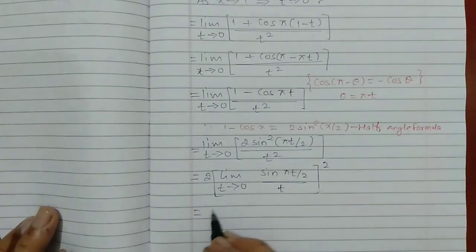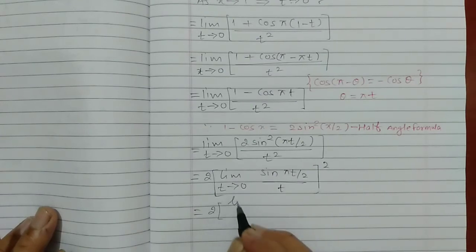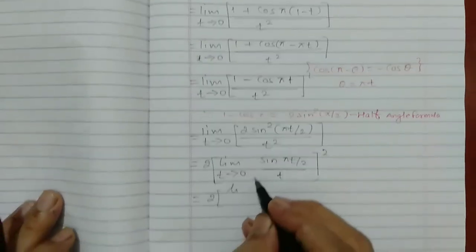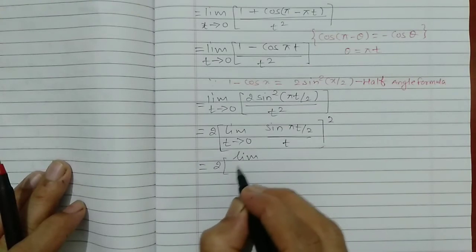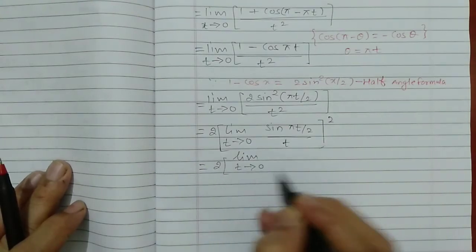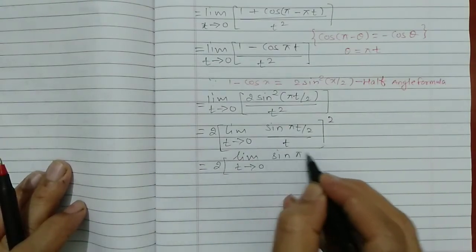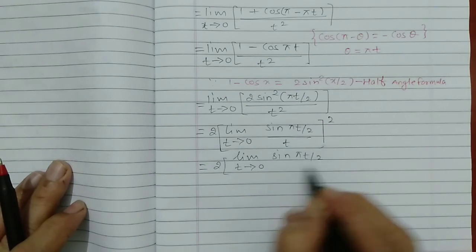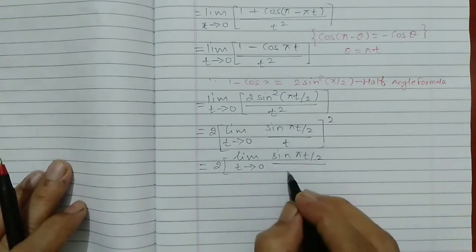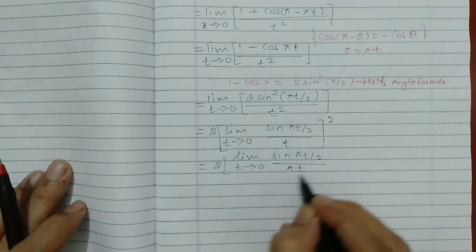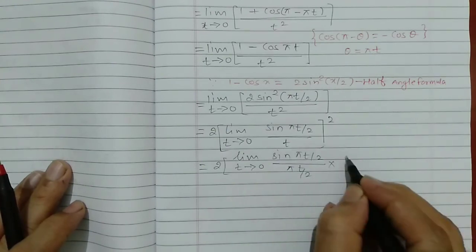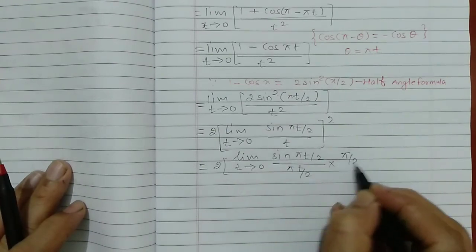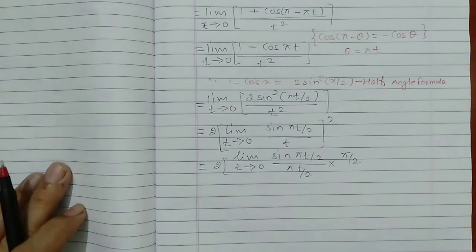This is equal to 2 times limit t tends to 0 sin pi t divided by 2 divided by pi t divided by 2 into pi by 2. Why am I doing this?